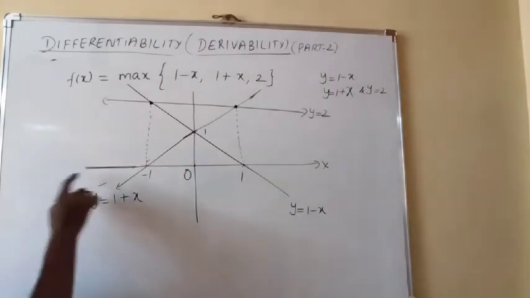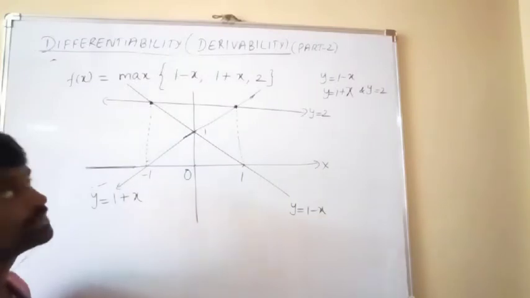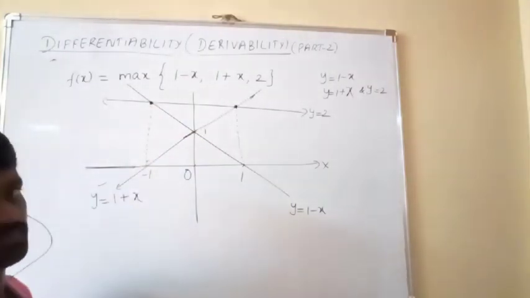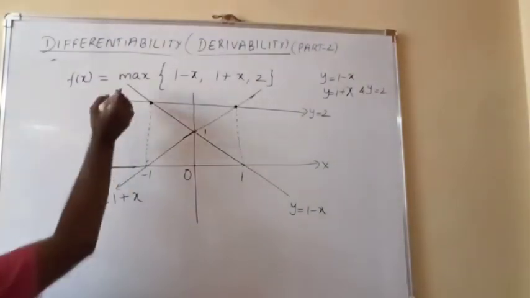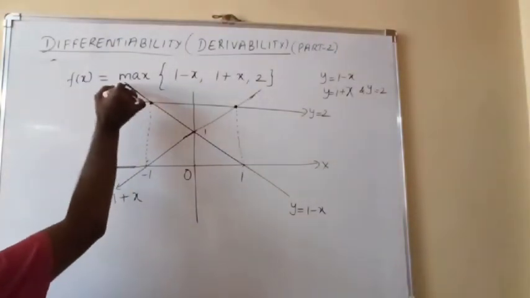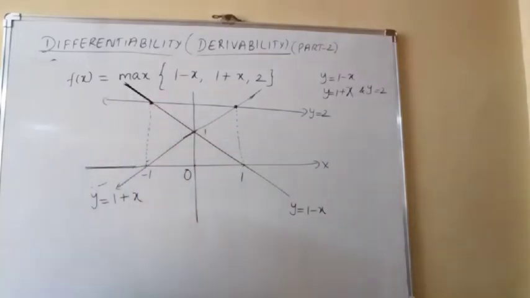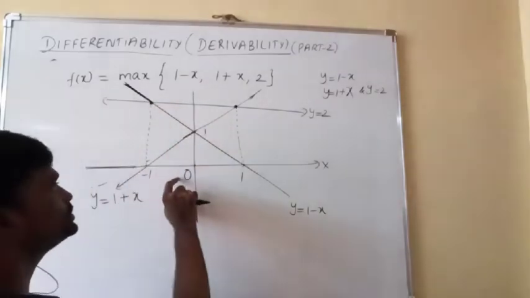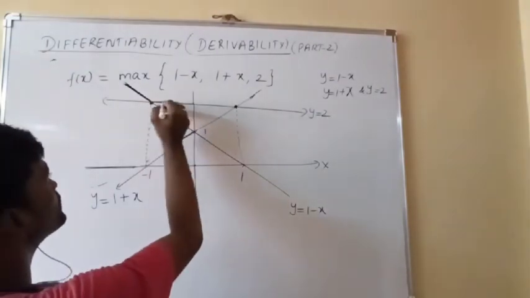Now observe this graph. Between -infinity and -1, which curve is the upper curve? Because we have to find the maximum, we have to take only the upper curve. So the upper curve is y is equal to 1 minus x. Next, between -1 and 0, and also 0 and 1, the upper curve is y is equal to 2.